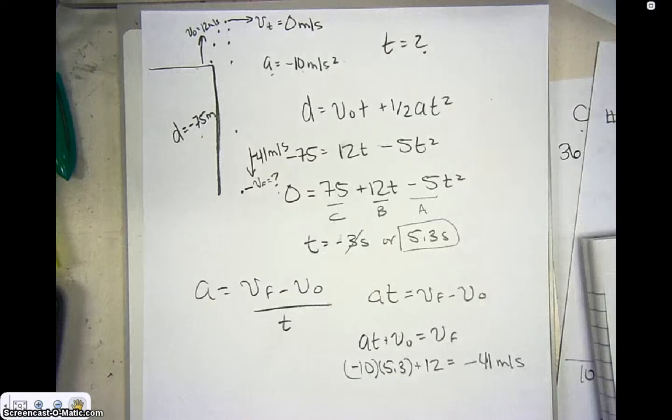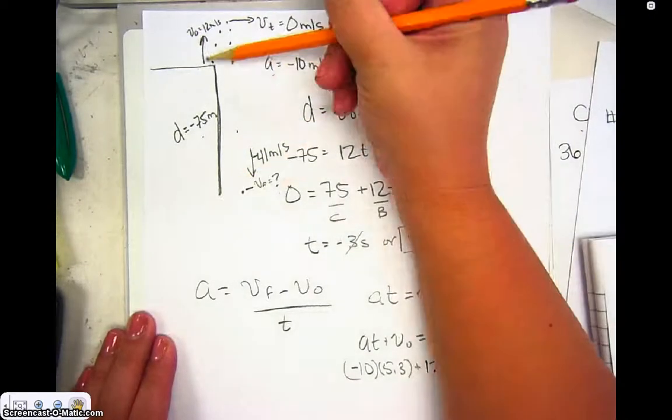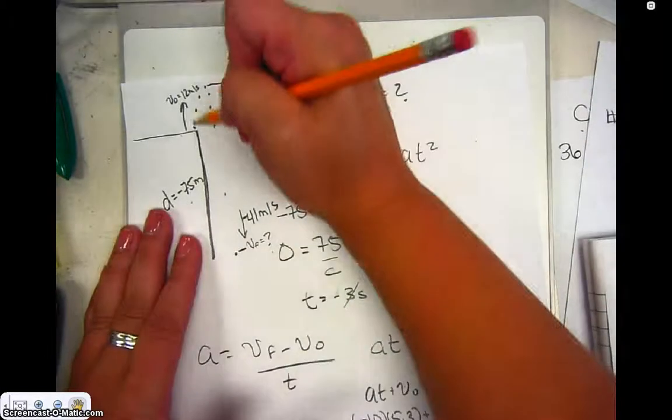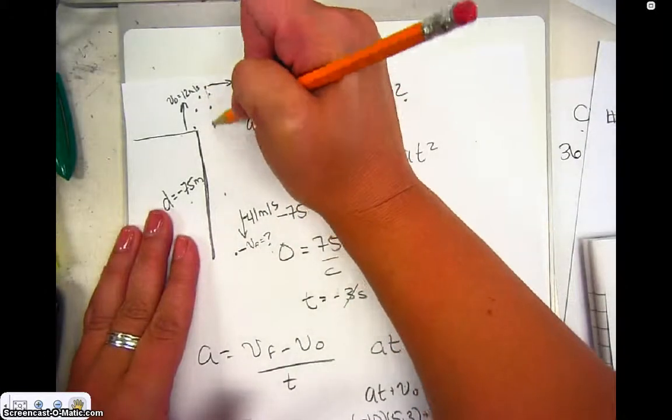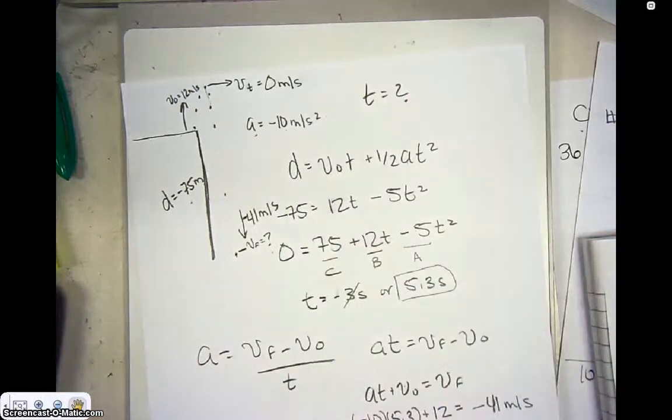Now, the last part of the problem says what total distance is traveled. So keep in mind, this is the displacement, the change from the original position. The distance is going to be this plus this plus this. So we're going to separate it into those three parts, right?